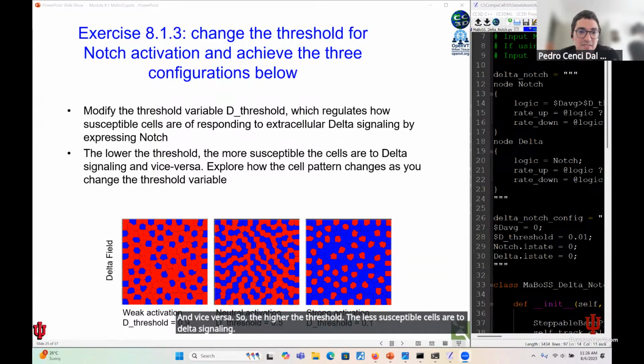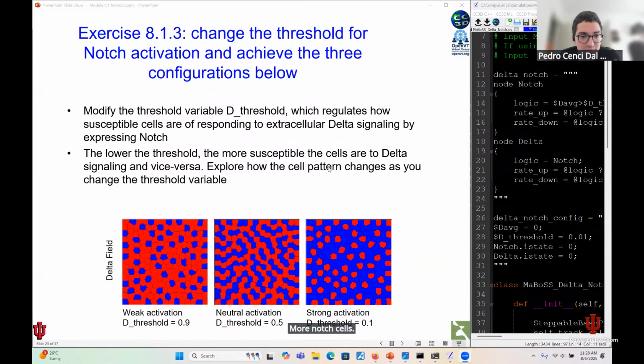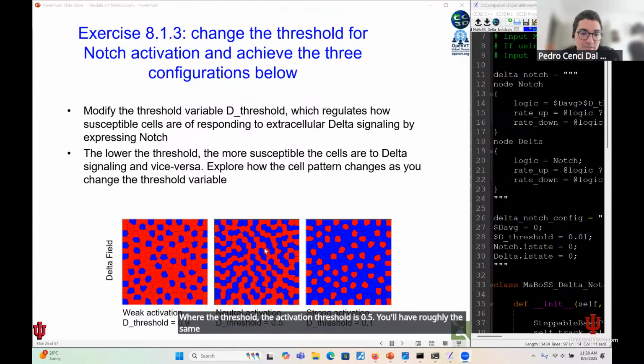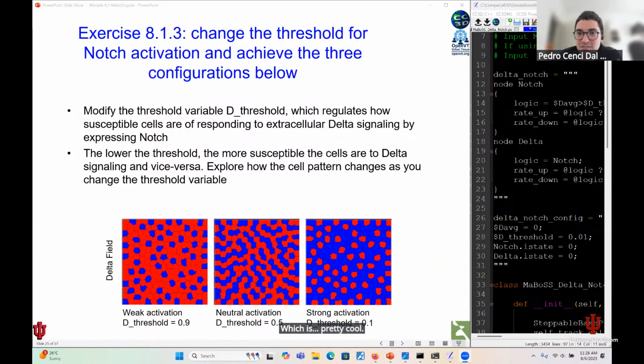Which means that if they are more susceptible, there will be more notch cells, and if they are less susceptible, there will be fewer notch cells. And right in between, where the activation threshold is 0.5, you have roughly the same numbers of delta and notch cells, which is pretty cool. So try to get that to work.